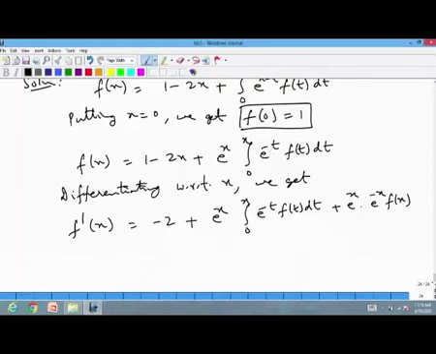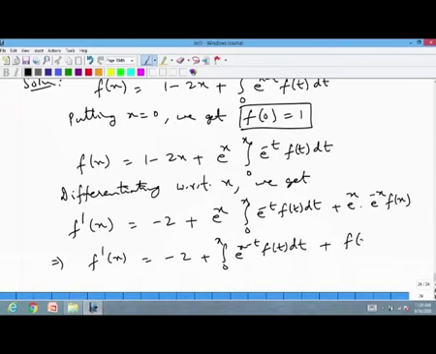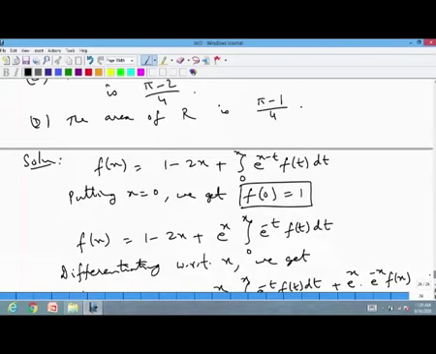So, this gives f prime x is equal to minus 2 plus, this again I can write as integral from 0 to x of e to the x minus t f t dt, plus f of x. Now, this integral is nothing but f x minus 1 plus 2 x.